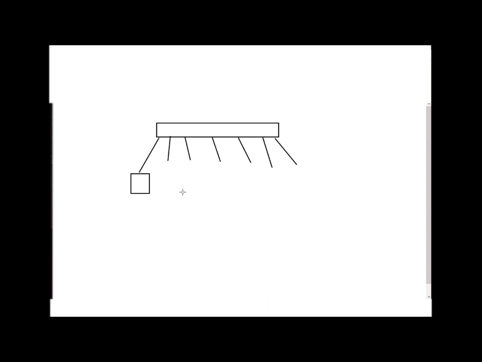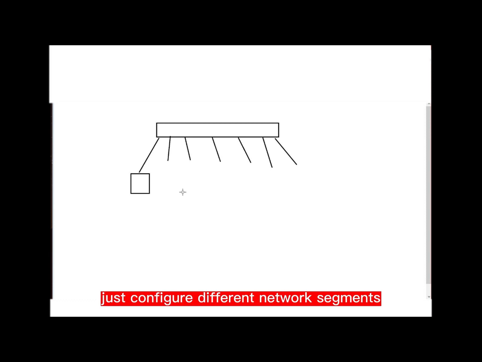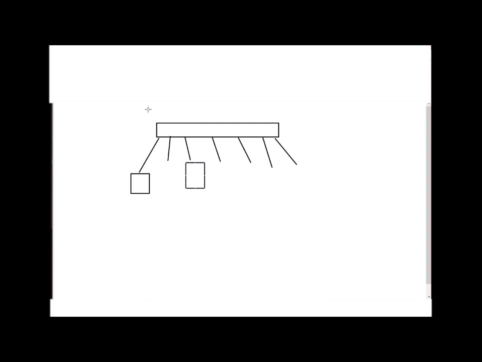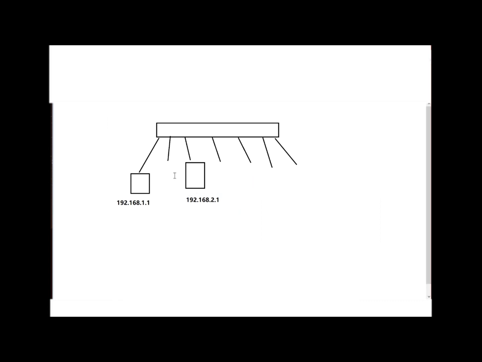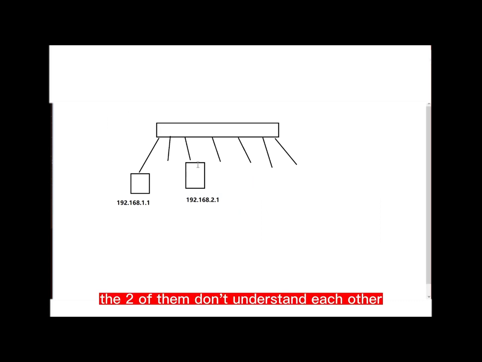Some may think: just configure different network segments for the PCs. For example, here is a PC, I am 192.168.1.1. The PC on the right is 192.168.2.1. The two of them don't understand each other.